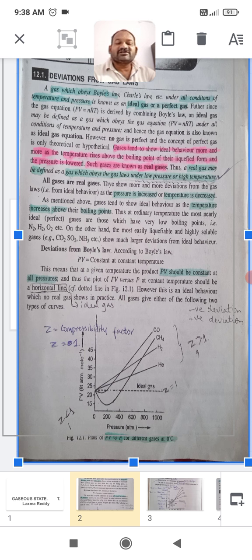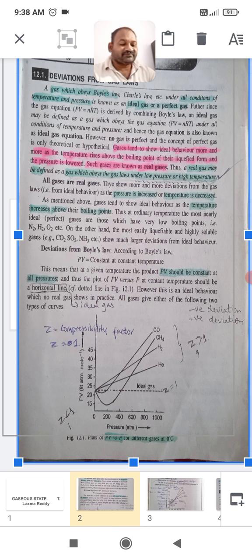You can see this clearly in the slide. In this graph between PV and pressure, the horizontal dotted line shows Z equal to 1, the ideal behavior. However, carbon monoxide and methane show negative deviation.